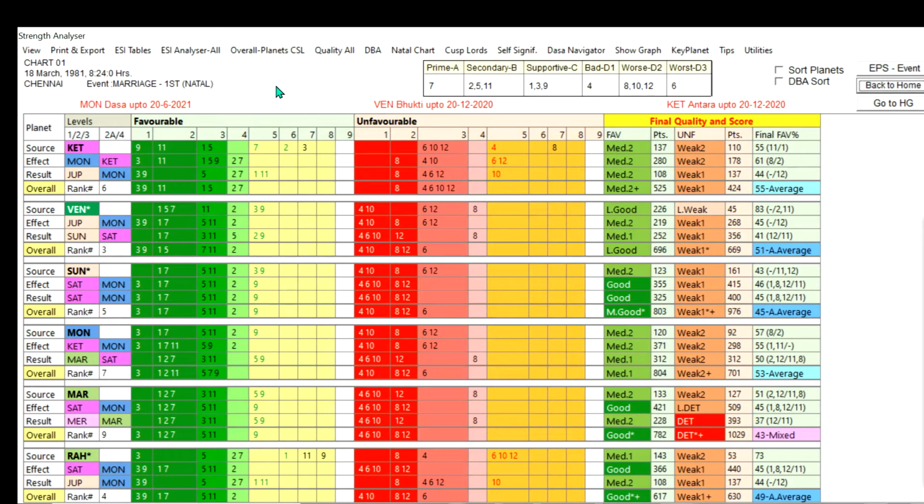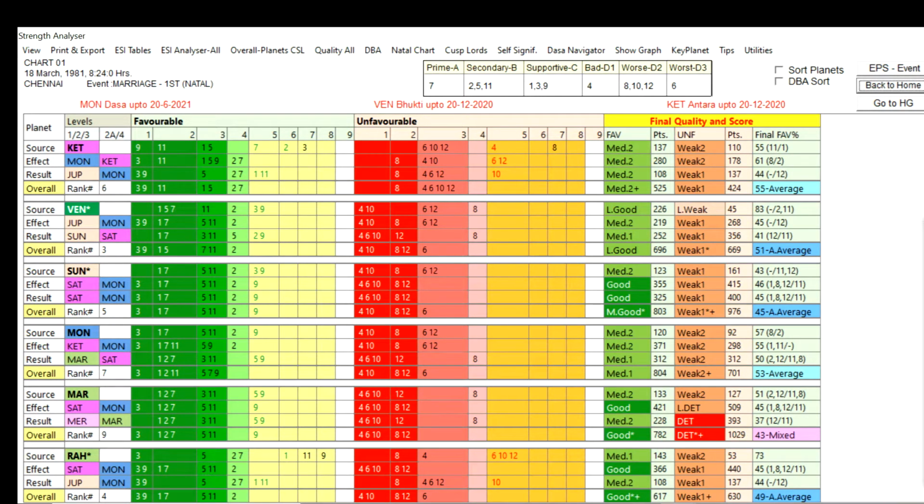As soon as the Analyzer button is clicked, you can see all the ESI Analyzer tables will be shown. It means the Analyzer tables of all 9 planets, like the EPS table from Ketu to Mercury, are shown one below the other under the EPS page. Similarly, under ESI Analyzer, all planets' Analyzer tables are shown one below the other, from Ketu up to Rahu.